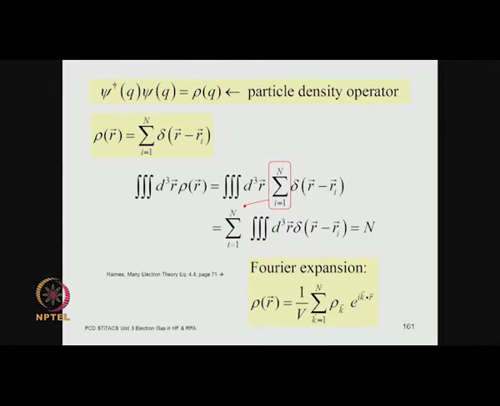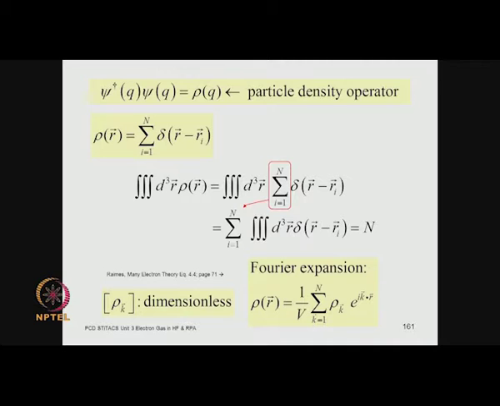Okay. You can also use a Fourier expansion of the density, and in this rho k is a Fourier transform, and this is the Fourier expansion of the particle density operator. Notice that 1 over volume comes explicitly over here. So this rho k, the Fourier transform, will be a dimensionless quantity in our notation.